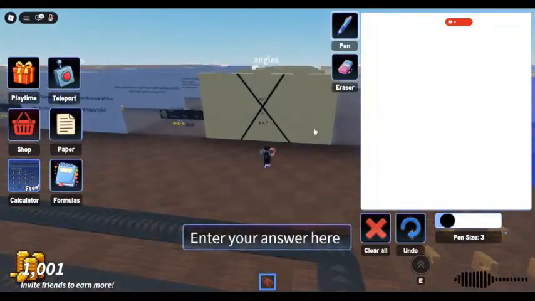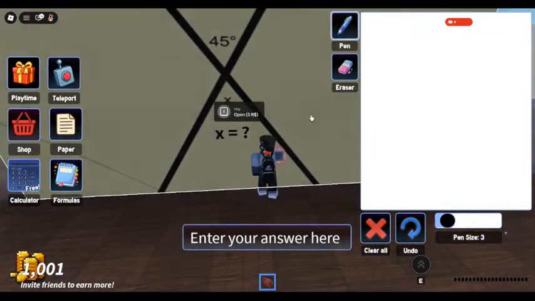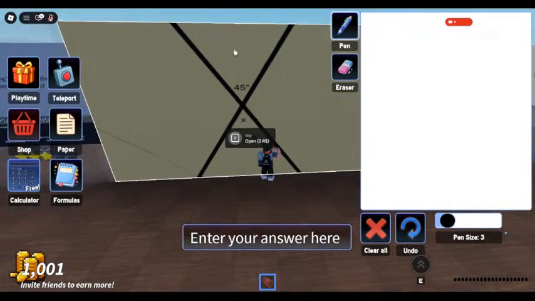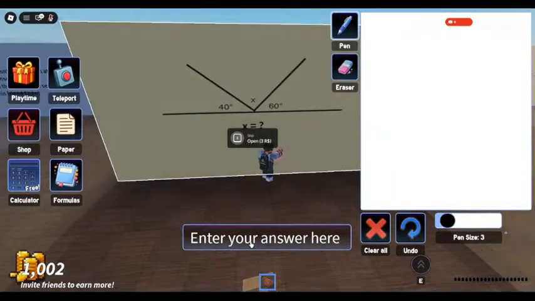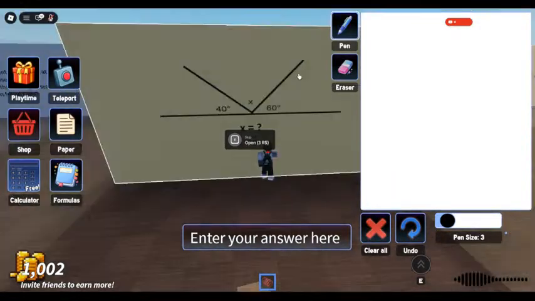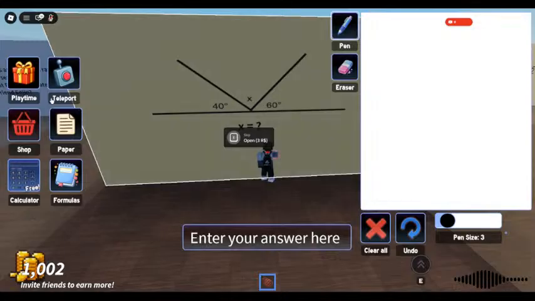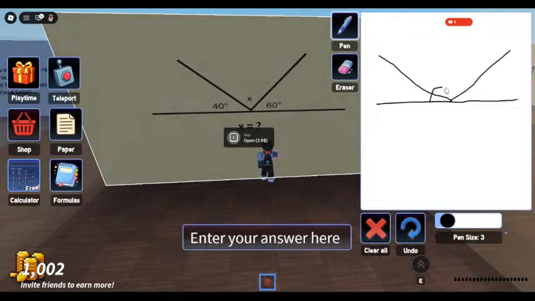Okay, let's do something that we actually know. It's 45 degrees here. It's practically on the other side, so it's the same 45 degrees. Now here, 40, 60. You need to know that in angles, this is 180 degrees only if it's a straight line. This is a straight line.